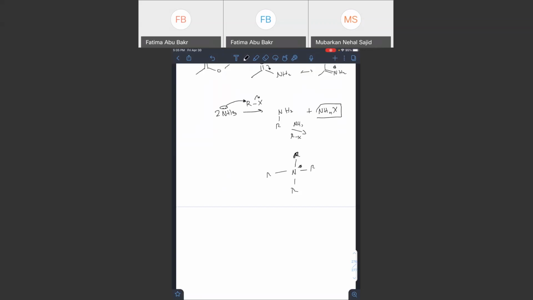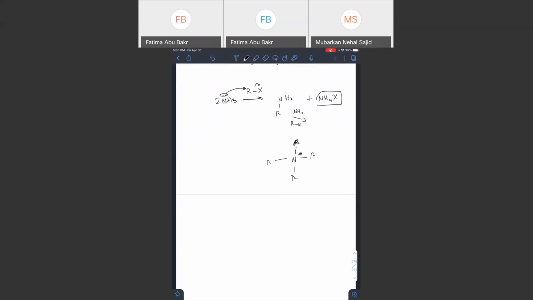So you can just continue putting alkyls onto your ammonia, and that is how you produce your amines. Not too bad, honestly. It's a pretty simple reaction. All you need to do is make sure that you have an extra ammonia there and a primary halogen that can protonate.